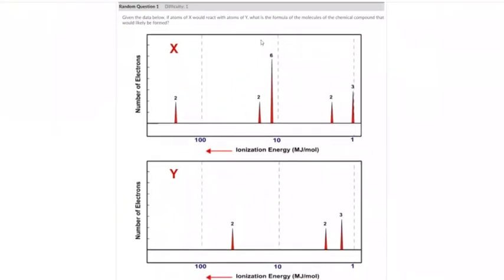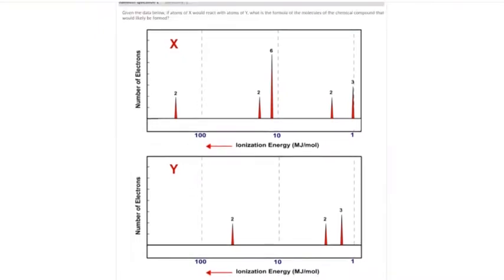Given the data below, if atom X would react with atom Y, what is the formula of the molecules of the chemical compound that will likely be formed? Now, all we need to do here is just consider the valence shell, okay? When it comes to the electron spectrum, they're showing all the electrons in the atomic structure. So we have the outermost shell, which is these electrons over here, and these are my valence shell.